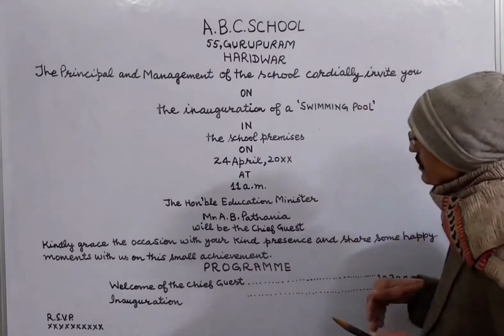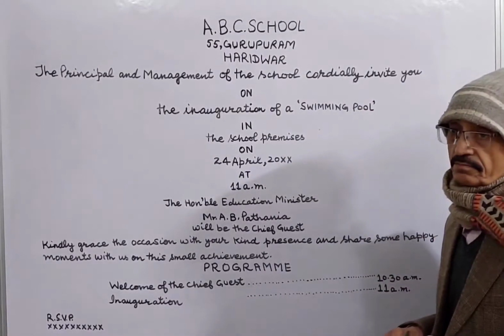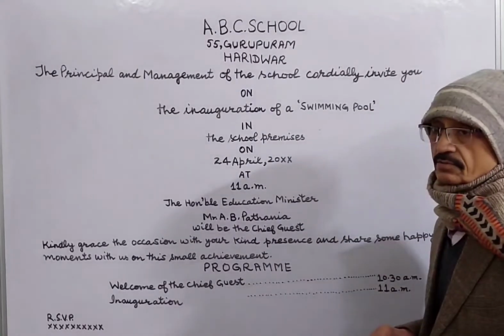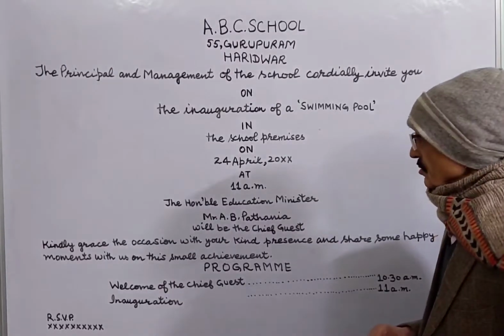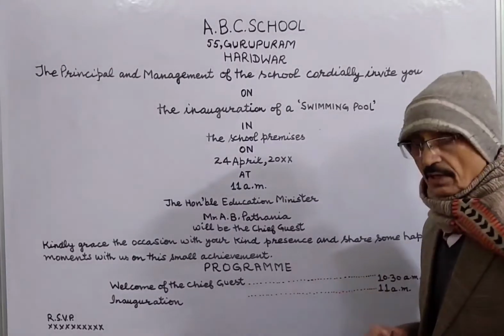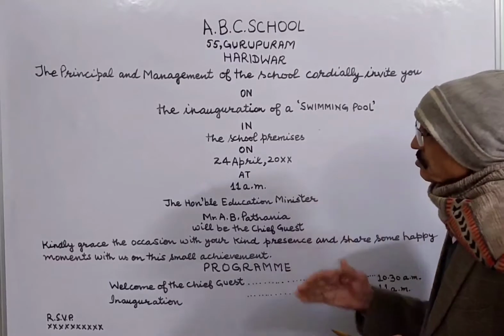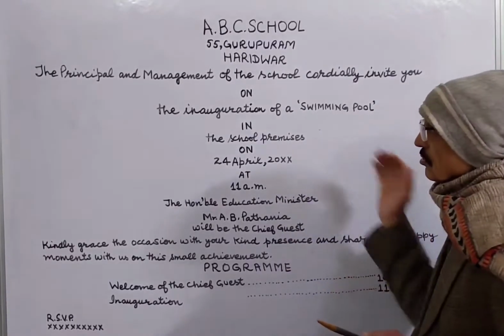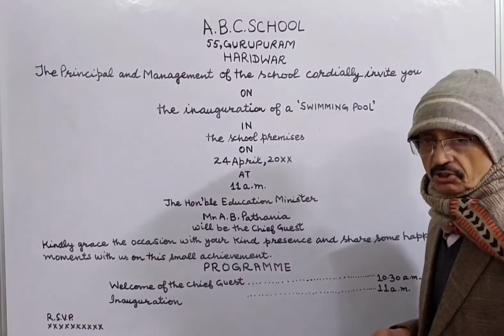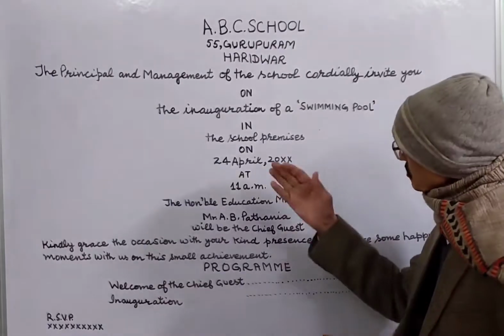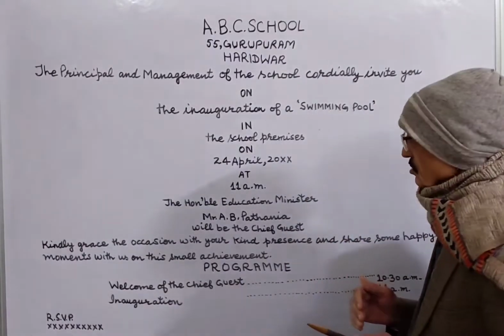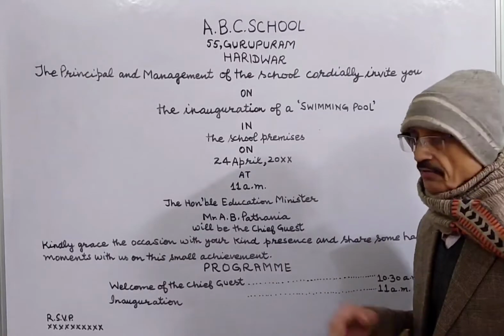You try to highlight them separately because these are relevant details. And at the same time, you will have to maintain the symmetry of the whole invitation. The placement of these phrases or prepositions are very important.